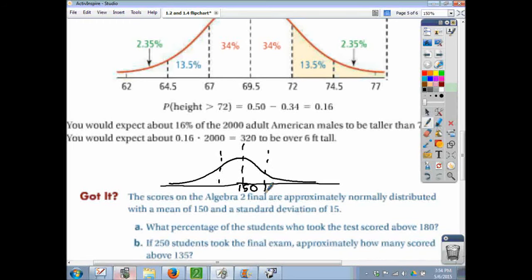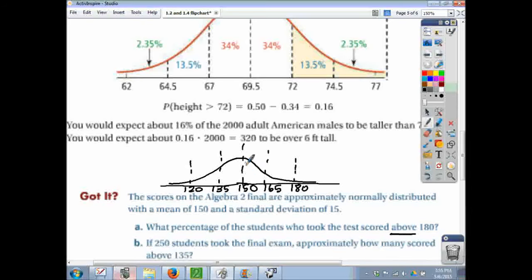So the standard deviation is 15, so that would make this 165. That would make this 135. And then down here we would have 120. Up here we would have 180.